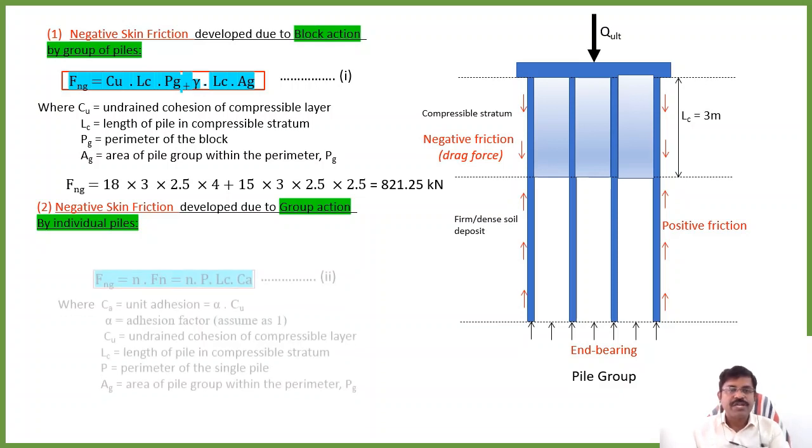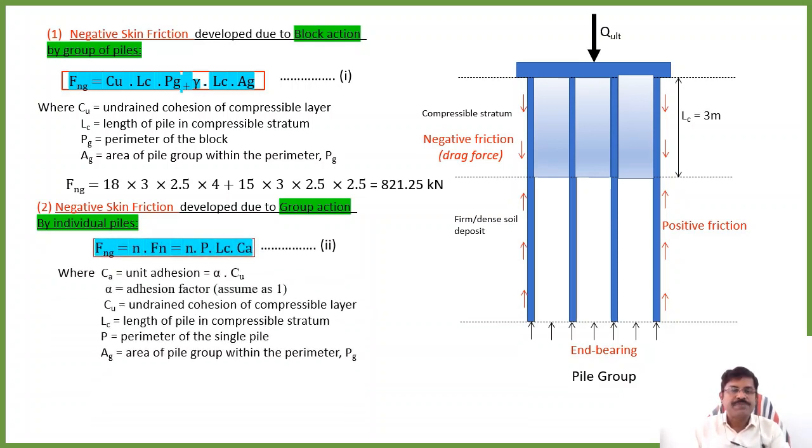Next, calculate the negative skin friction developed due to group action by individual piles. For individual piles, this is the expression given. N is the number of piles and Fn is, for a single pile, how much the negative skin friction is. It can be calculated with the perimeter of a single pile, and Lc is nothing but the length of the compressible layer, that is 3 meter, and Ca is nothing but the unit adhesion factor. It varies with different pile materials and different construction techniques also.